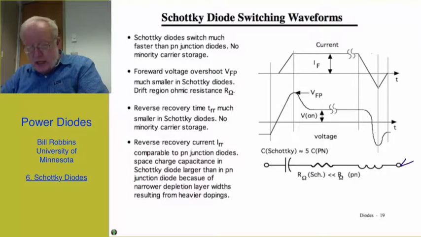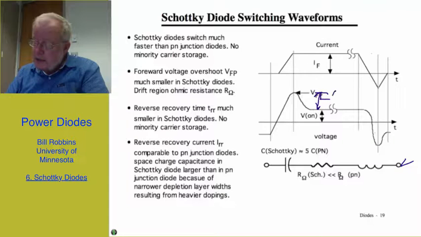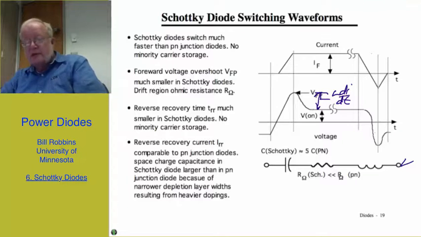The resistance is not changing, so the drop from the peak forward voltage down to here is simply L di/dt. In the on state, we have a forward voltage, probably on the order of 2 to 3 volts in a Schottky.